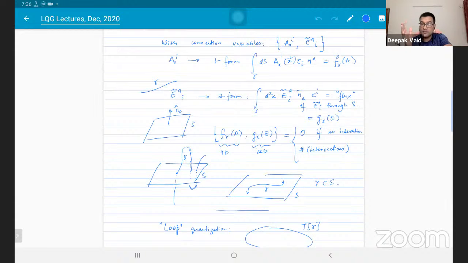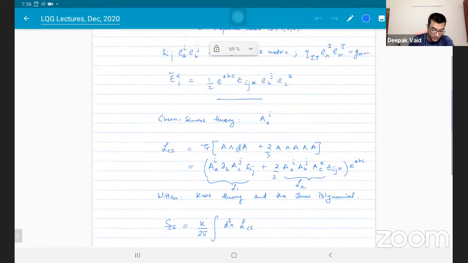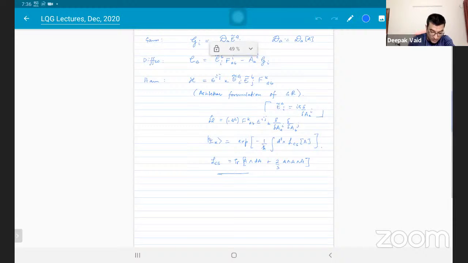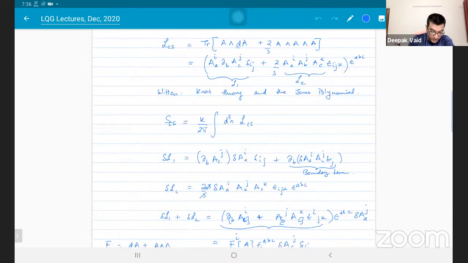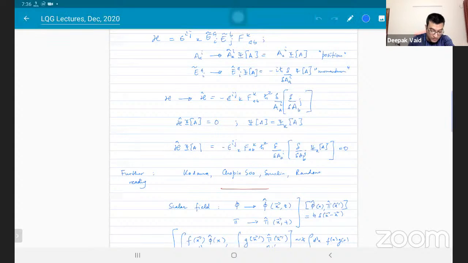Now the question is, how can you connect that to real cosmologies? Like I said, I mentioned some references that one can go and look at: papers by Kodama, then Smolin, then Chopin-Su and Randono.